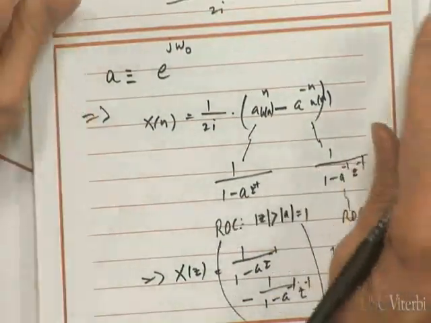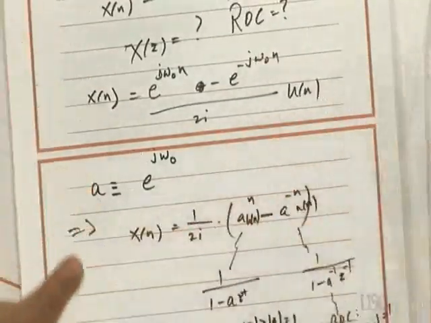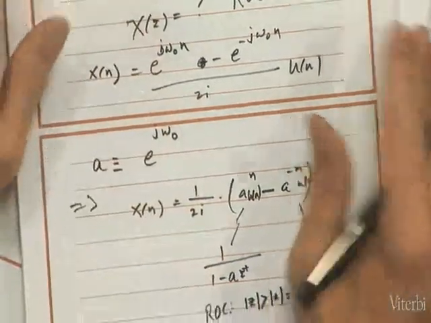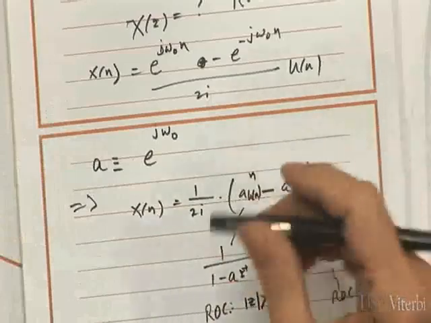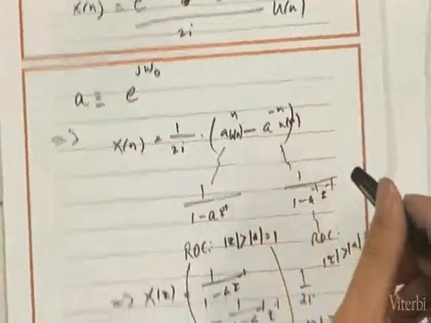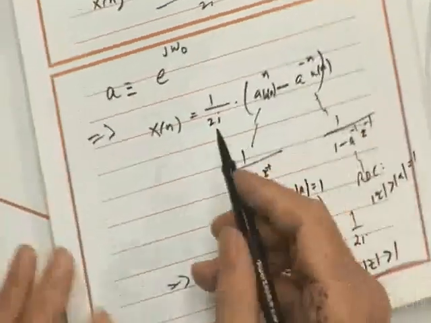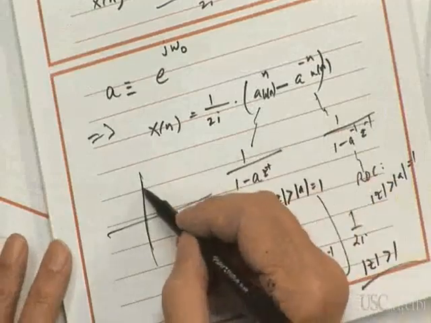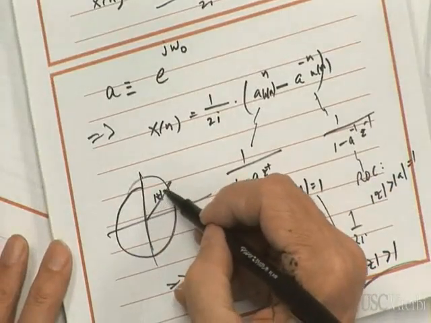Now, if it's truly double-sided, if there's no u of n, then we know that the ROC must be a region between two poles. But the poles have the same radius in this case. There's a pole at a, which was e to the j omega naught. If you draw the pole-zero plot, here's the unit circle, |z| equal 1.